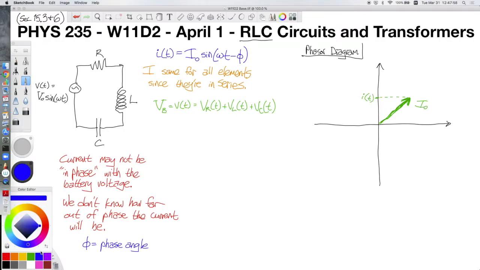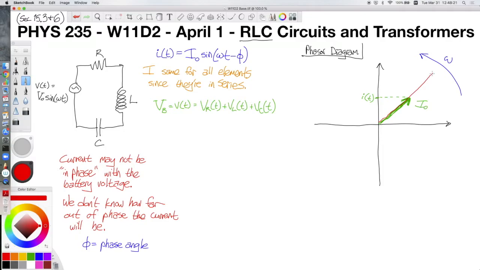As everything in this diagram rotates around at an angular speed of omega, the y component of that I naught vector will change, and that y component is the current in the circuit. For resistors, we know that the voltage is in phase with the current in the circuit.